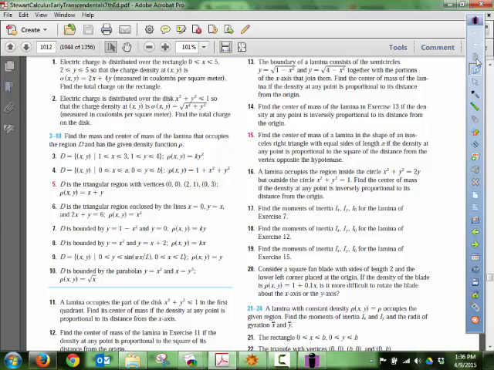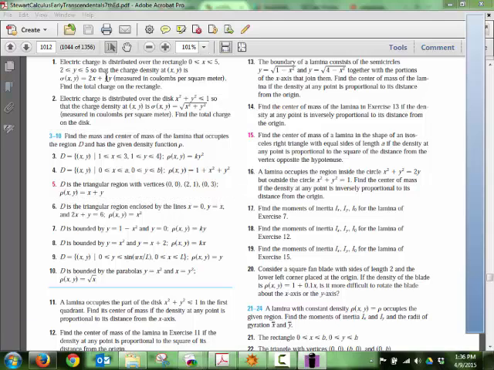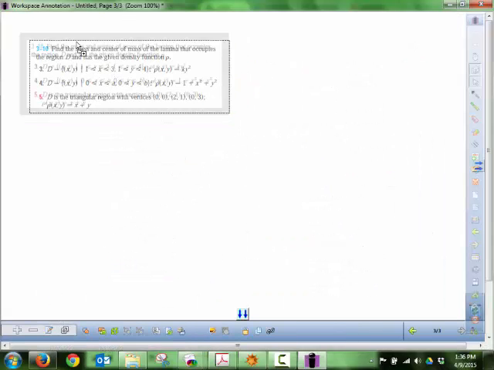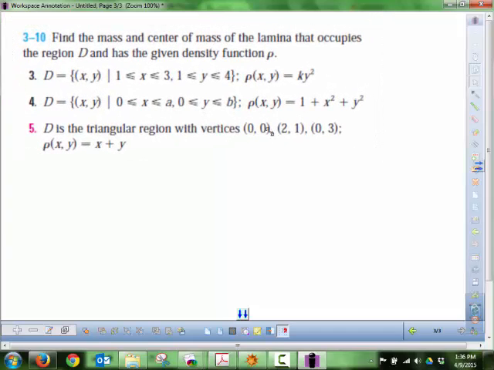Let's do the mass, and then we'll do center of mass, and then hopefully we'll have time to do that last bit that I wanted to do.